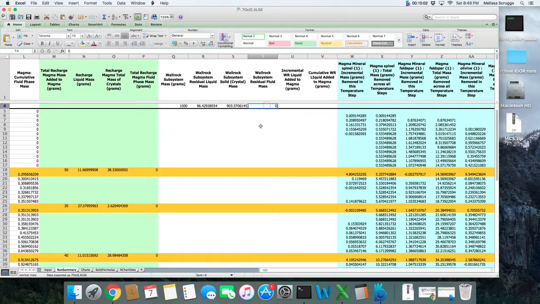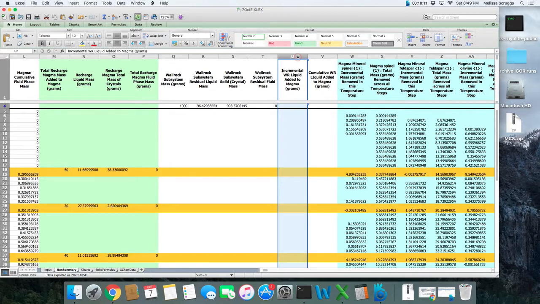We don't have any exsolved fluids. We're not adding any wall rock to the magma because we're not assimilating. But if we were, this is where we would see the mass of the wall rock added to the magma. And column V would again be the cumulative tally of that anatectic melt as it's transferred from the wall rock subsystem to the magma subsystem.